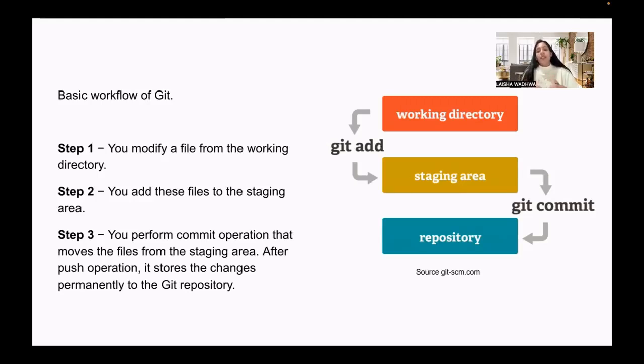Now, once these are present and you're sure that these changes look good, you actually perform a commit operation. What commit does is it moves all of these files from the staging area to the repository.